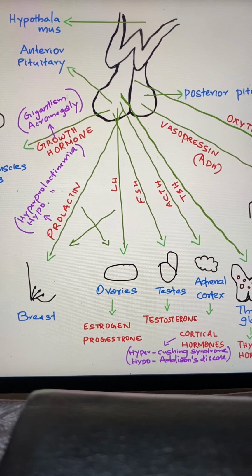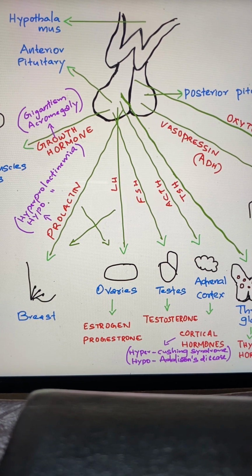Adrenal glands are two small organs that sit on top of each kidney. Adrenal glands make different types of hormones, like cortisol, aldosterone, epinephrine and norepinephrine. These are all the hormones this adrenal gland secretes.